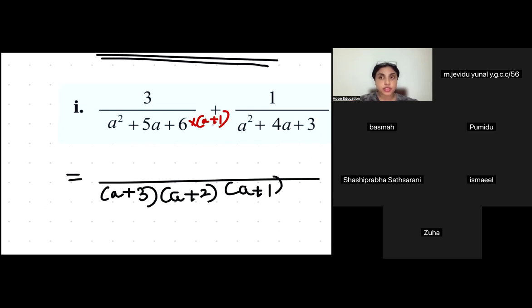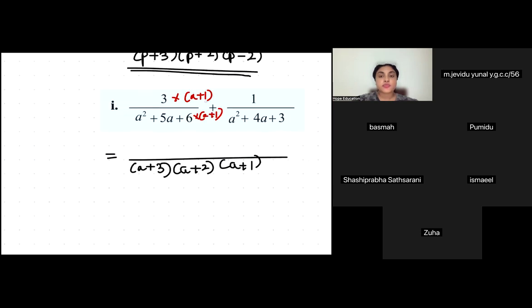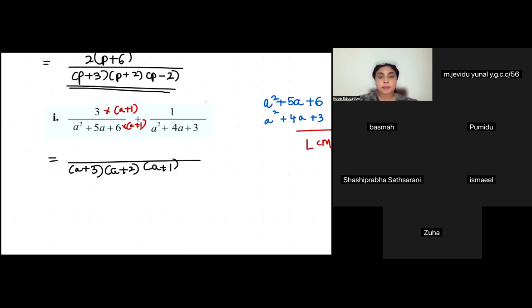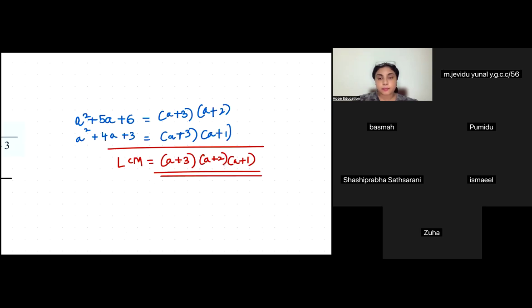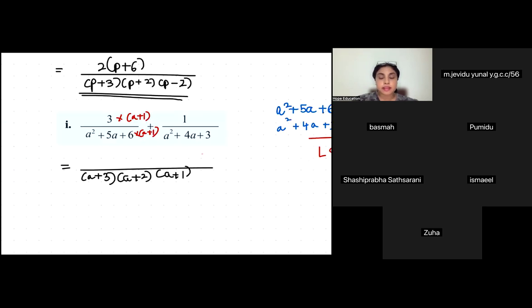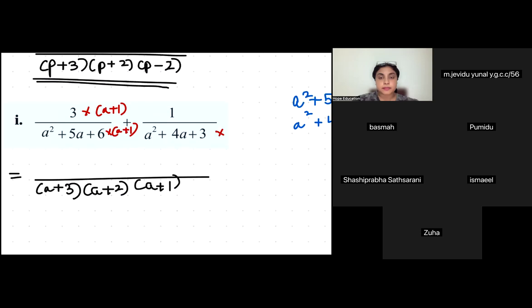Whatever I do to the denominator, I have to do the same to the numerator. Then a squared plus 4a plus 3 is a plus 3 and a plus 1, but a plus 2 is missing. So I will multiply by a plus 2, and the same thing I will do to the numerator as well.